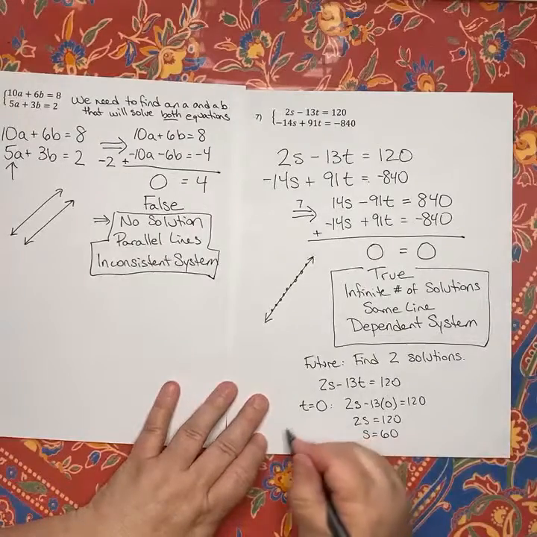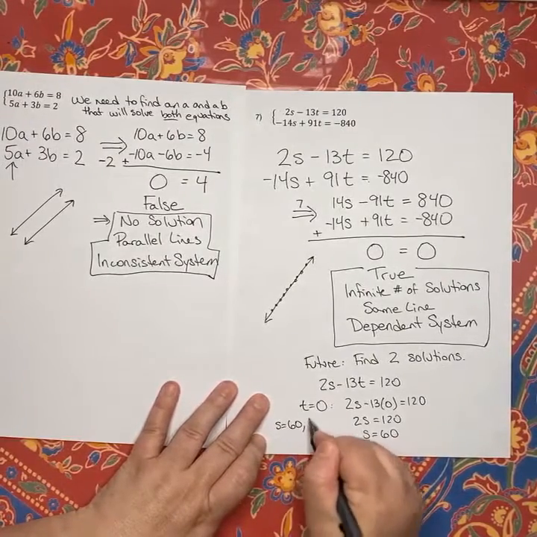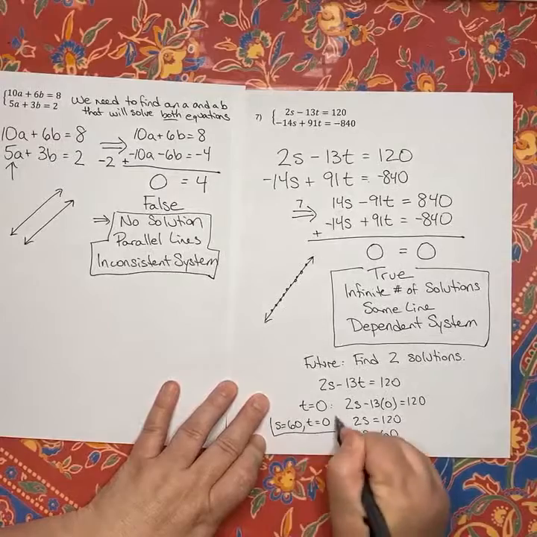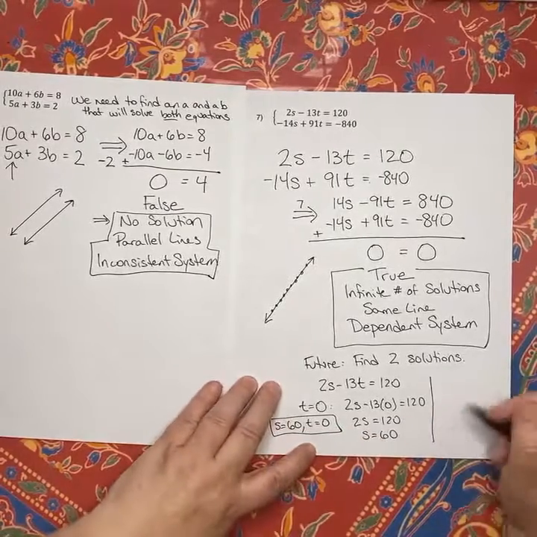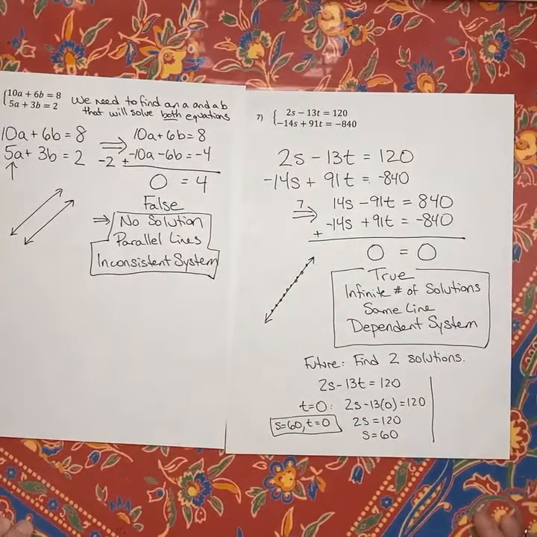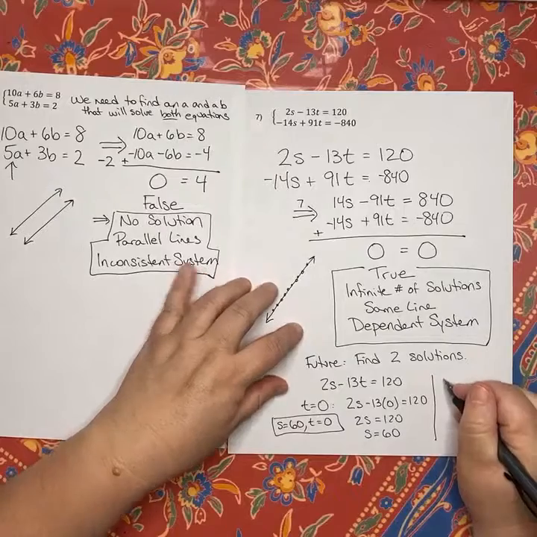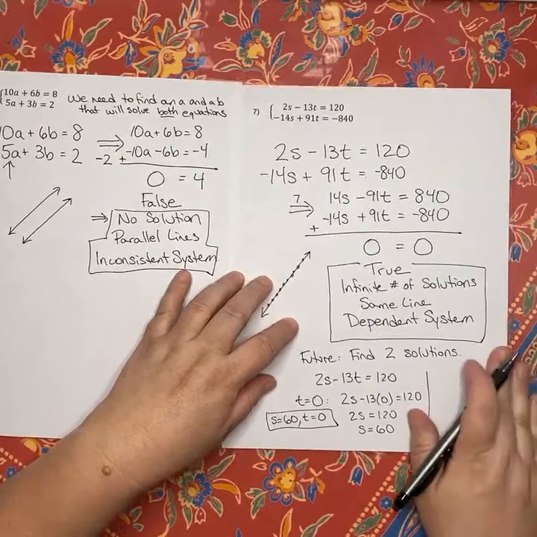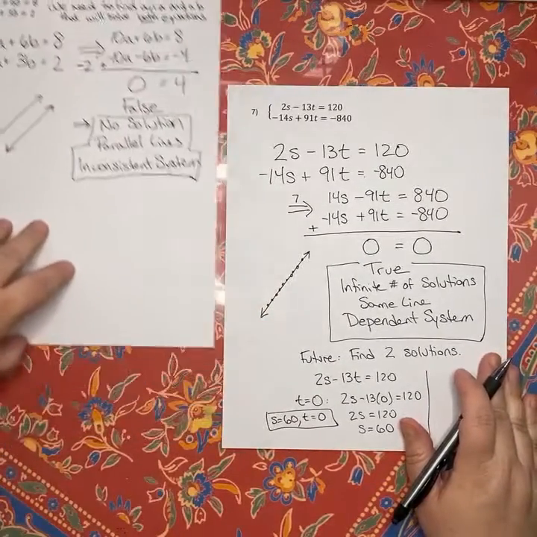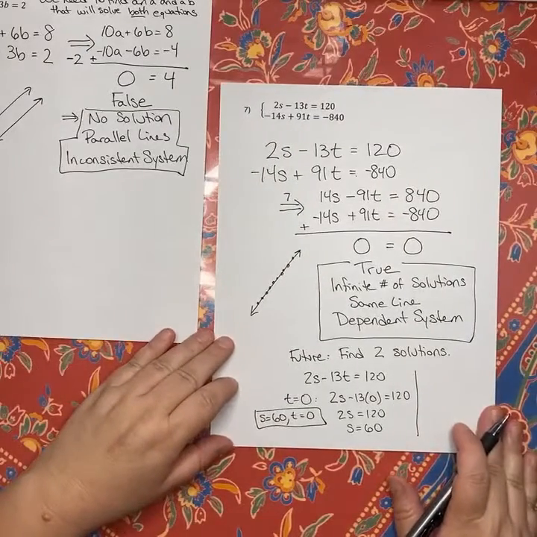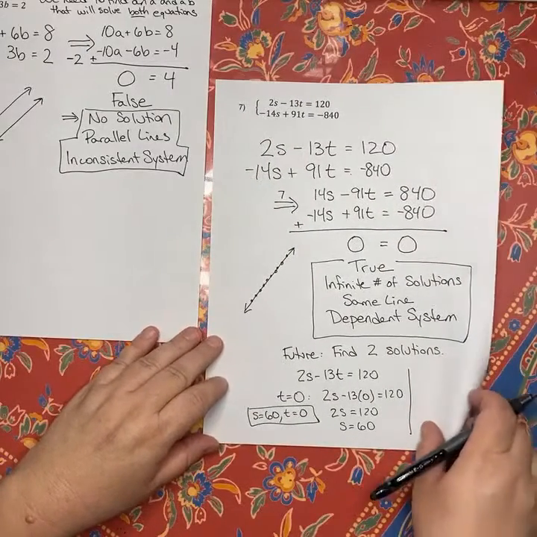So we've got one solution, s equals 60, t equals 0. And then I want to find another one, and I'm going to pick, and I'm making some clever thoughts, and so that's one of the reasons that I'm not going to require you to do this, because it takes some thinking about it.